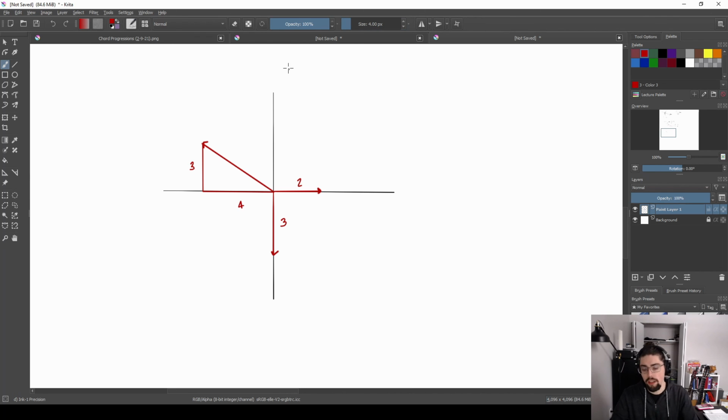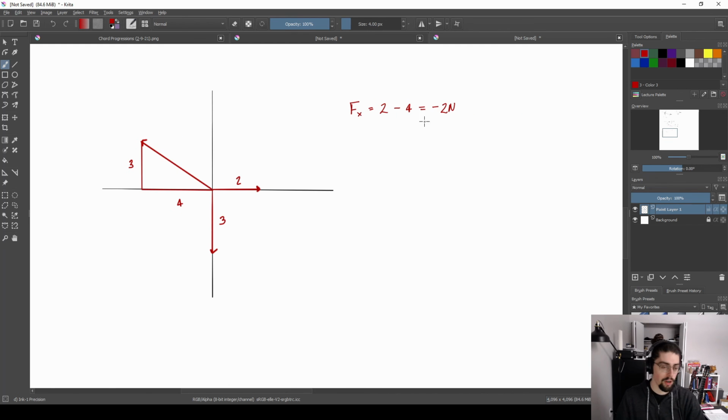So when I consider all of that stuff together, I need to look individually at each component. I need to look at the x component, and that means F of x. What does that equal to? Well, I see a positive 2 and a negative 4, for a net force in the x direction only of negative 2 newtons. That alone is not acceleration, though, and I cannot just say that means negative 2 meters per second squared.